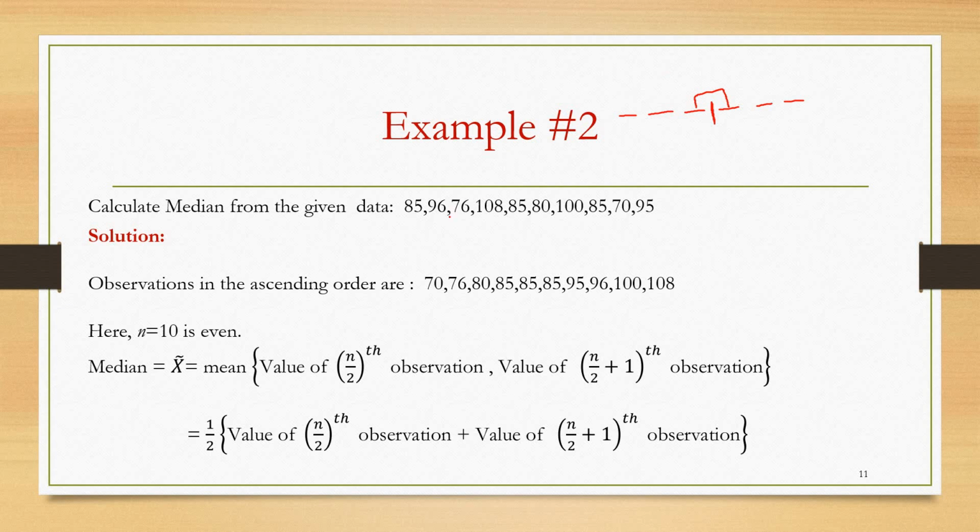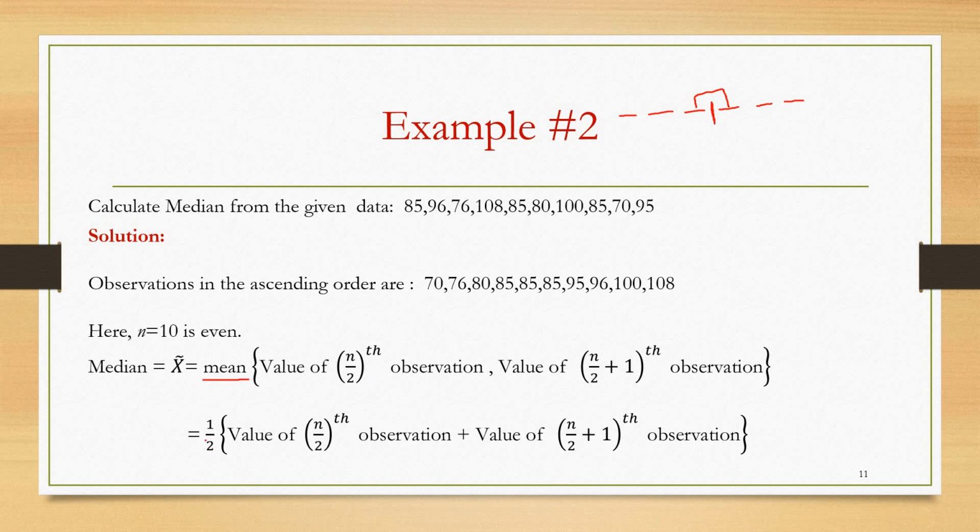Here, the number of observations is 10. The first step is to write these numbers in ascending order. After writing these numbers in ascending order, we will calculate n by 2 and n by 2 plus 1. What is the n by 2th observation? We write it as the mean of this.